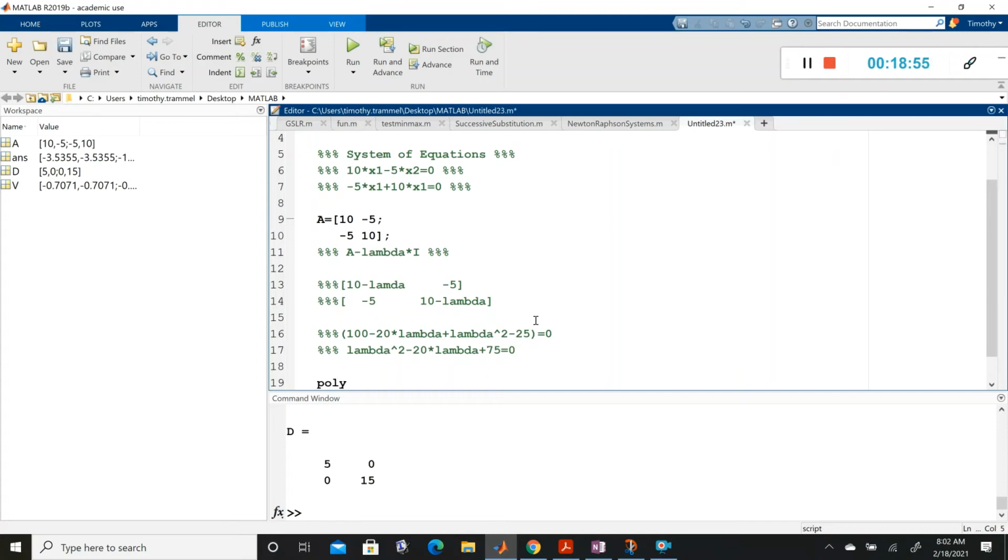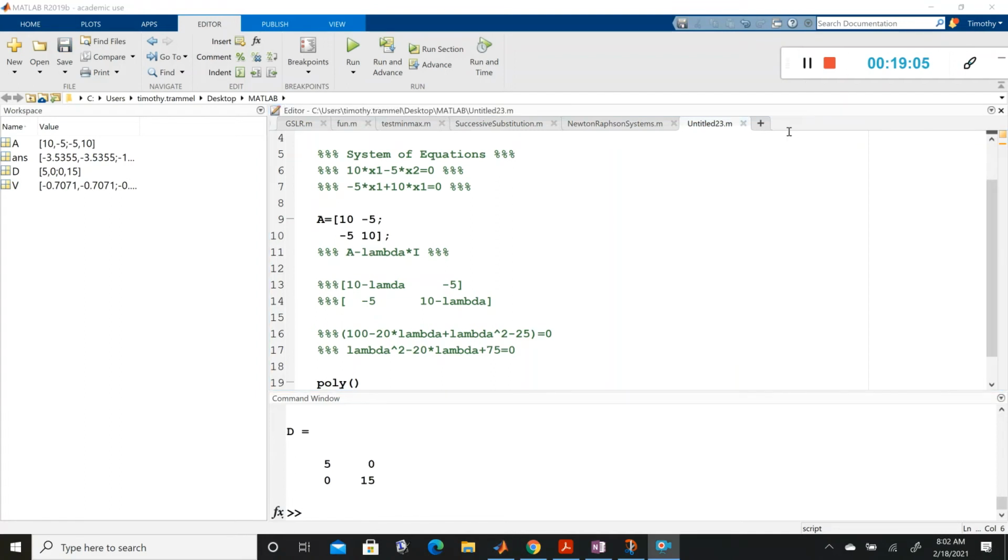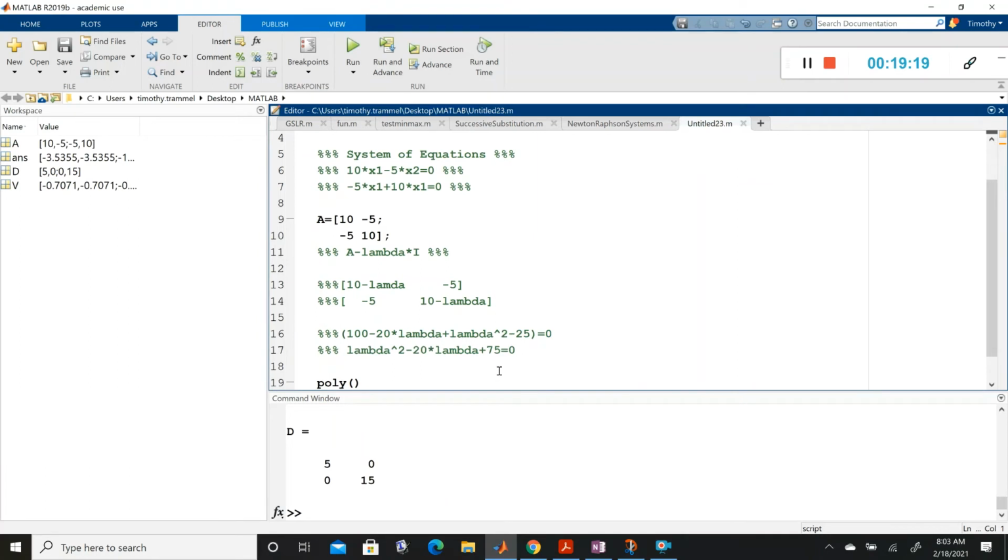But what I want you to see is that normally when you do poly of something, we would be talking about creating a polynomial based on its roots. So you'd input roots into poly, and it would spit out the resulting polynomial. Well, for us, when we actually take a matrix and put it into poly, rather than a list of roots, it'll actually give you the characteristic polynomial.